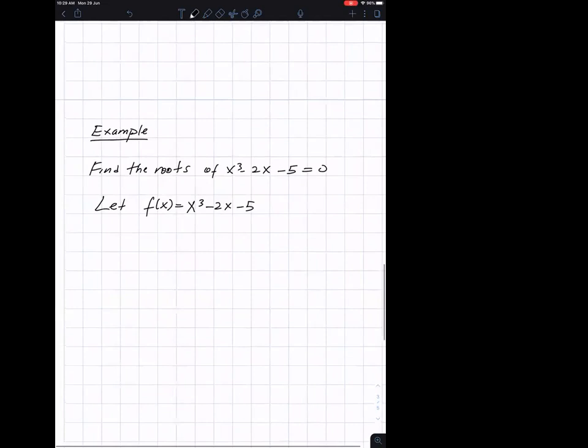To begin with, you don't know where this is going to cross the x-axis. So you need an initial guess. If it's not given, you need an initial guess.